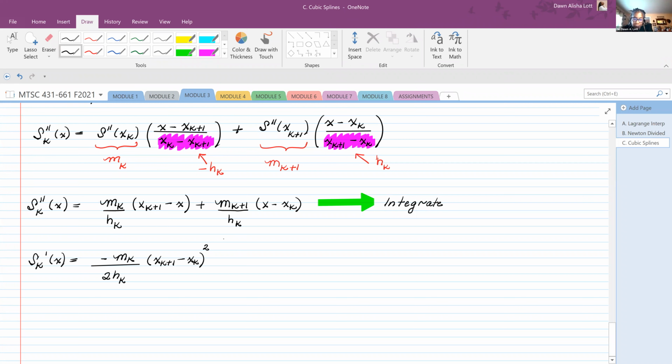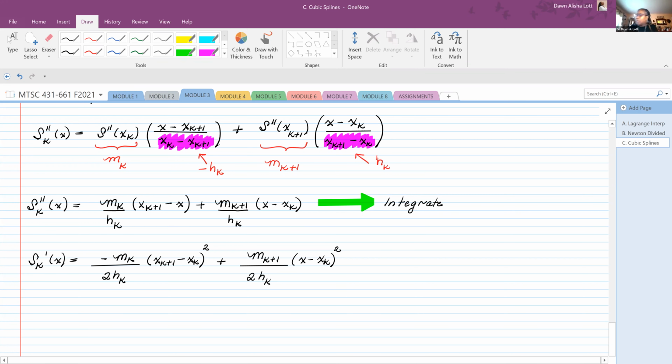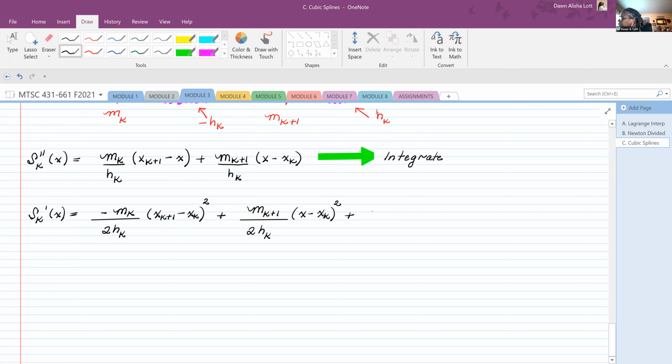Then I'm going to do the same thing with the next term: (x minus x_k) squared, also over 2h_k, but this just stays M_{k+1} because I don't have a negative to deal with. And I get my trusty little constant C1.